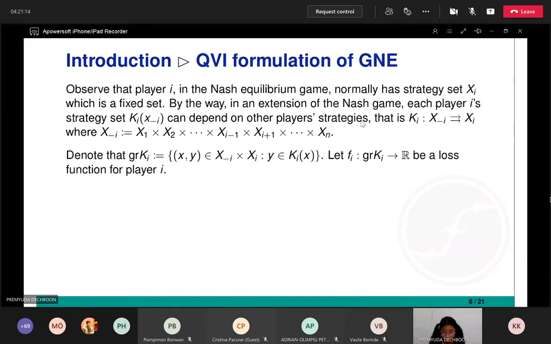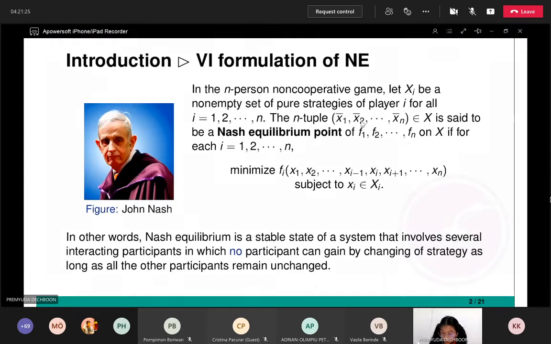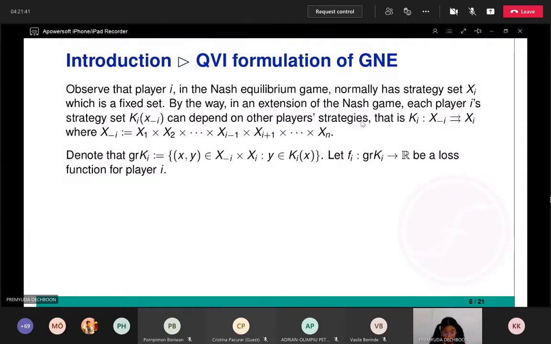So from the concept of the Nash equilibrium problem, we can see that the strategy set is fixed for all players, right? In case we change the strategy set to vary, meaning that it depends on the other players' strategies, we consider the set-valued mapping Ki, which maps the other players' strategies to his or her own strategy set.